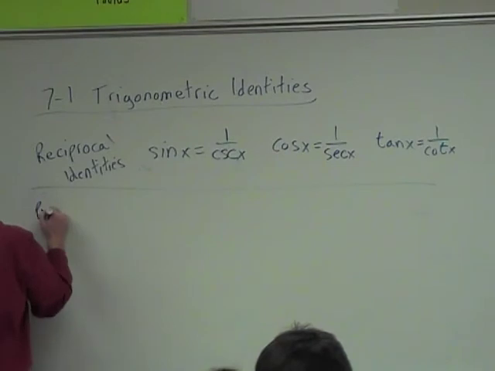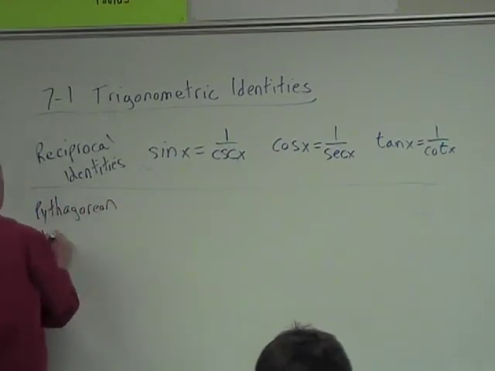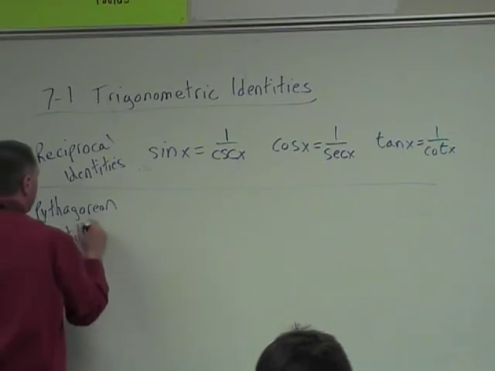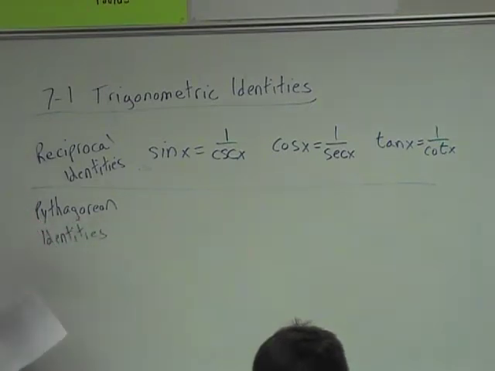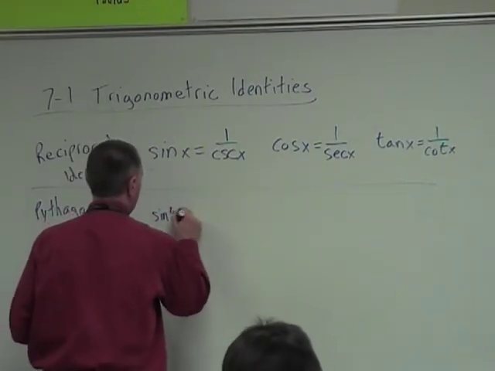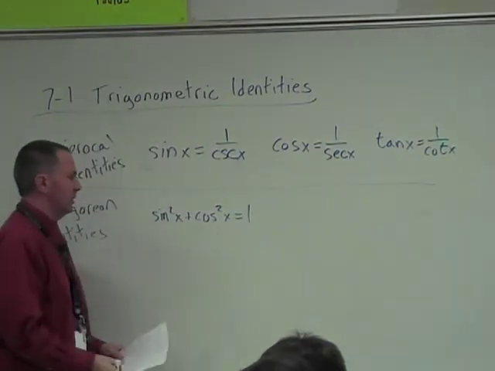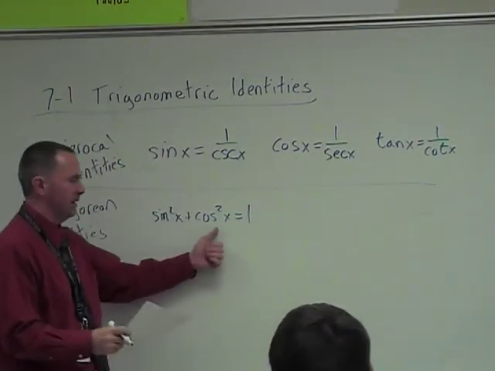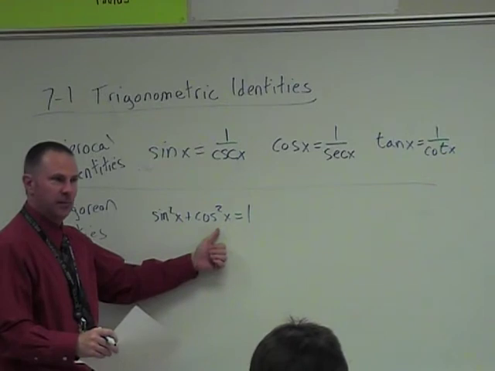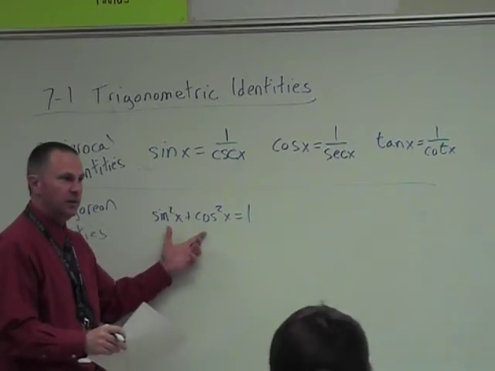The next thing is, all right, so that's the first part. Next one is Pythagorean identities. We touched on this last chapter, but just in case you forgot. Sine squared of x plus the cosine squared of x equals 1. Remember, this is just y and x on a unit circle where the radius is 1.